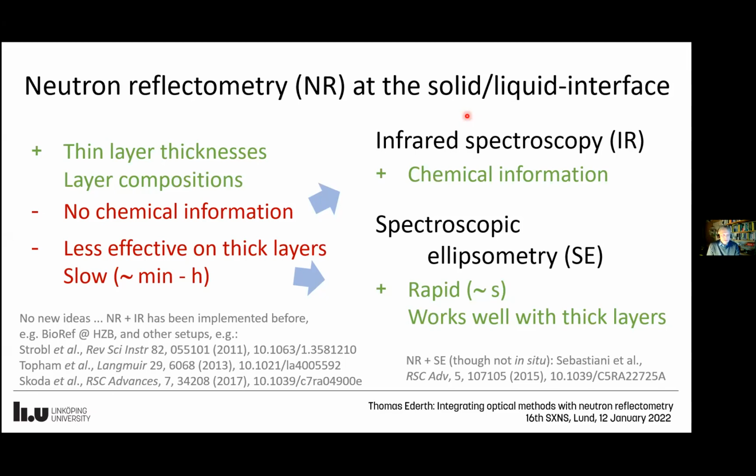We decided we want to do these three methods together. It is popular these days to put different methods together to increase the amount of information, the types of data you get during the same measurement. And in this case, it is, I would say, fairly straightforward.